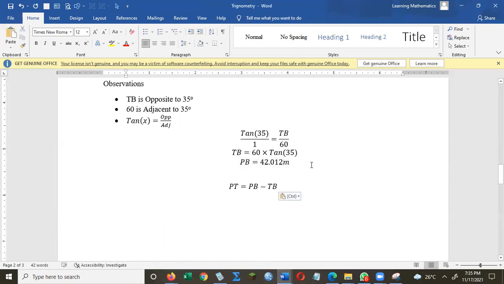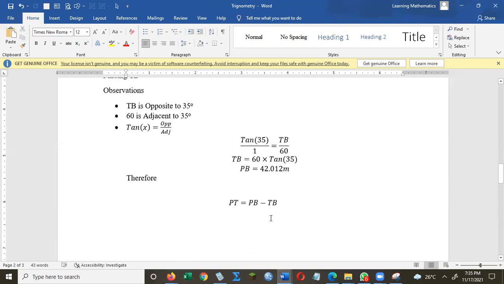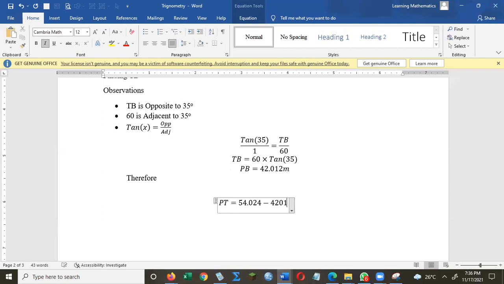So therefore, PT is equal to 54.024 minus 42.012, which is equal to 12, because it's the rounded answer to the nearest meter. 12 meters.